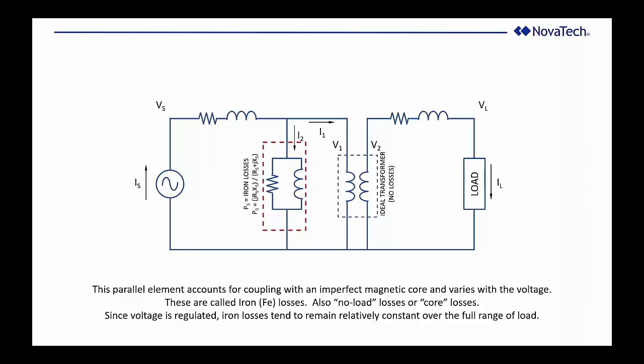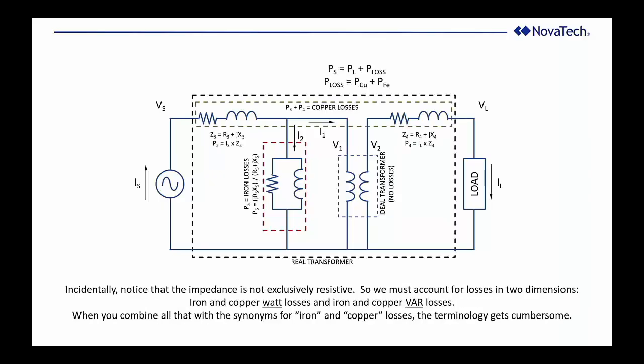The other thing that I wanted to point out is that you'll notice that the impedance elements that we show for the winding losses and the core losses are not purely resistive. We talk about I squared R, but we really mean I squared Z, for impedance. But because they're not purely resistive, we have some concern about reactive power.